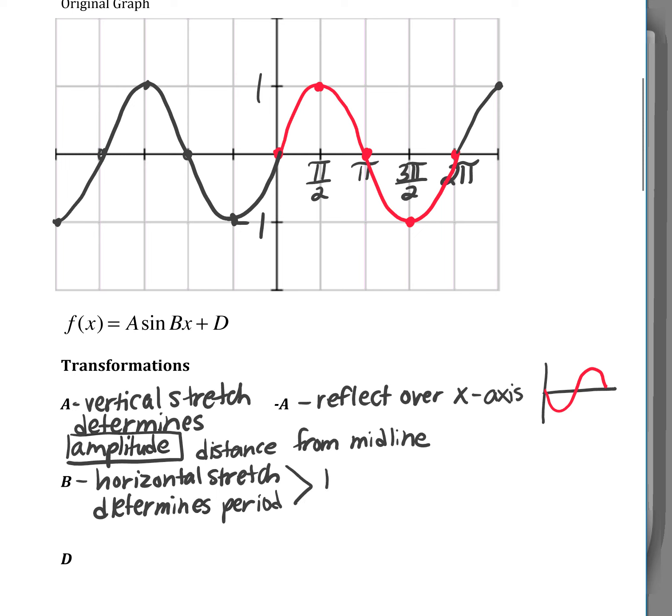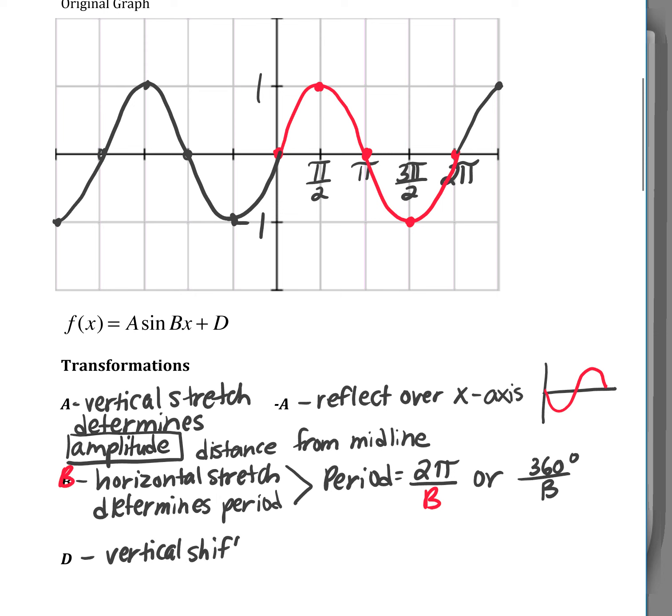And the period is going to be the original full cycle, which in this case is 2 pi, that's how long it takes to go through one full cycle, divided by the B value. Or if you're looking at degree measures, it would be 360 divided by B. Again, we're focusing on the radian measures for this anyway. And then D is the vertical shift.